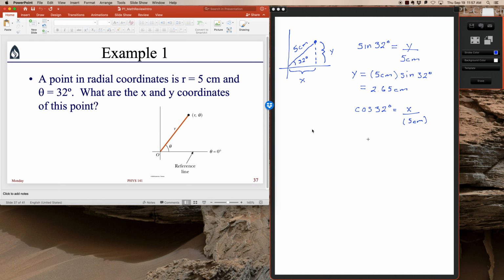So to calculate my x-coordinate, I would take 5 centimeters times the cosine of 32 degrees, which gives me a result of about 4.24 centimeters. So now I can write my point in the xy coordinate system. The xy coordinates of this point would be 4.24 for the x and 2.65 for the y direction, and that would be in centimeters.